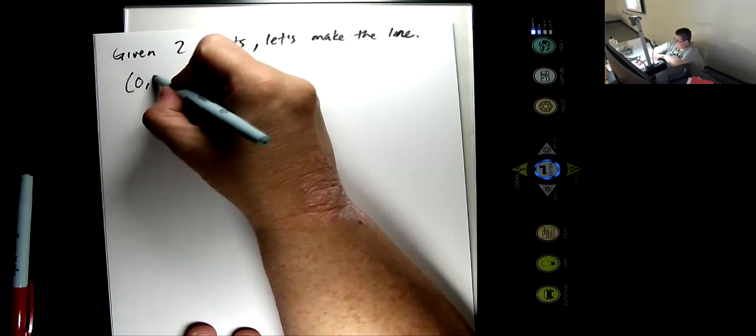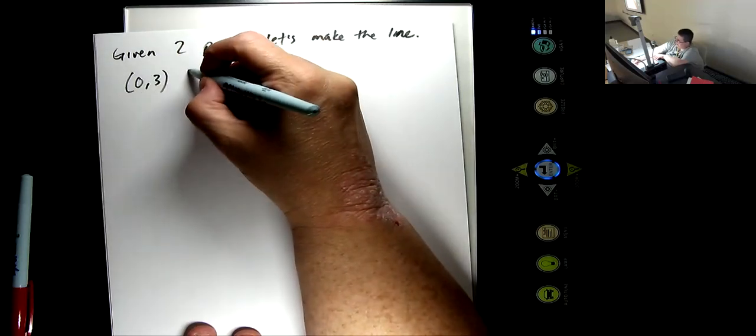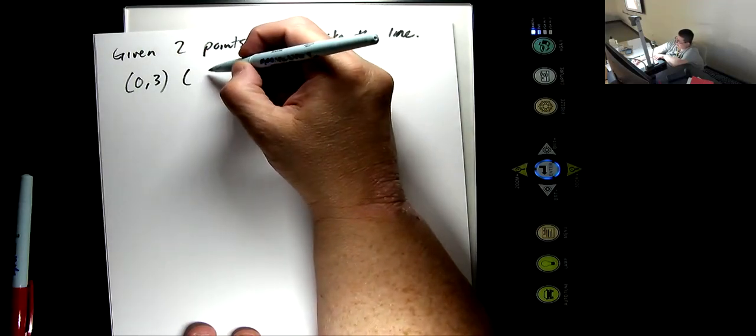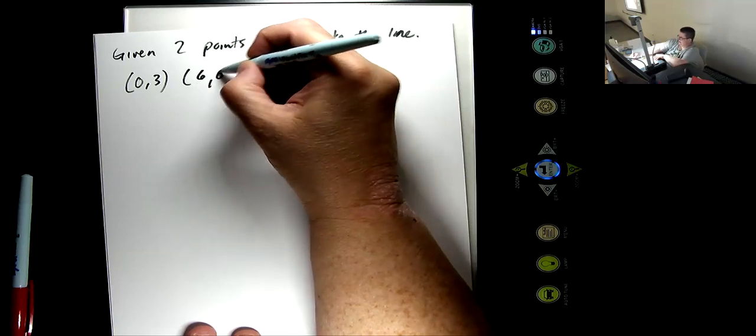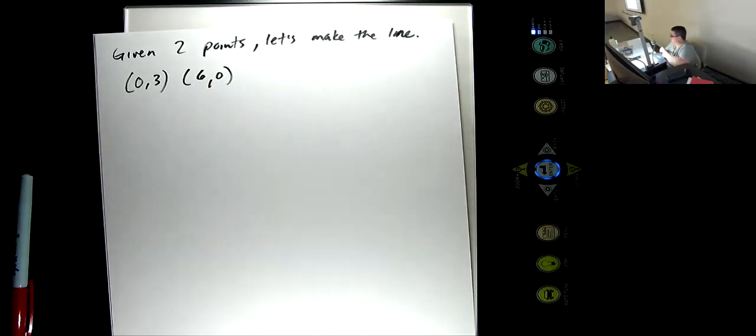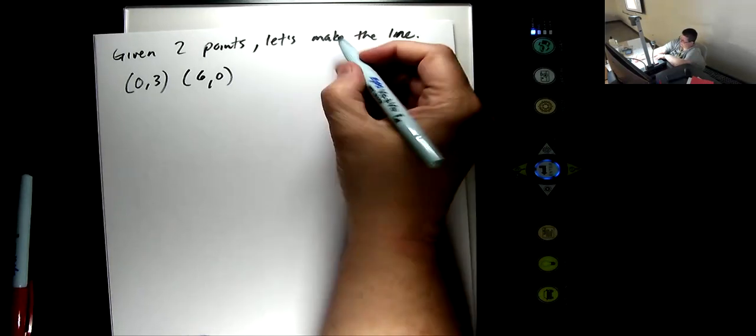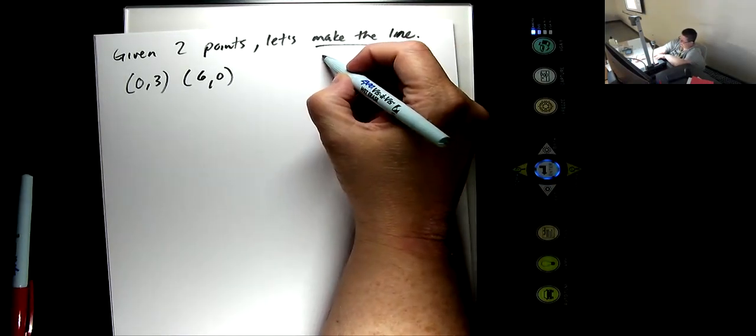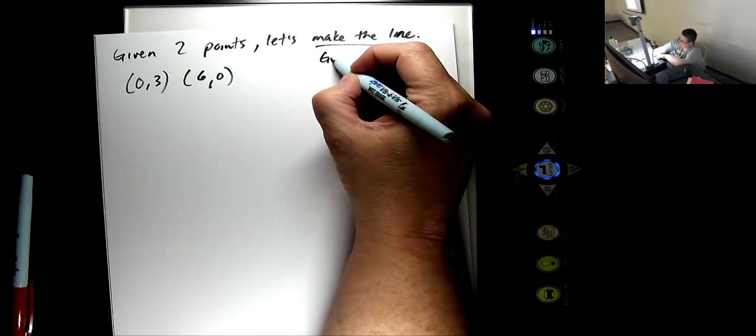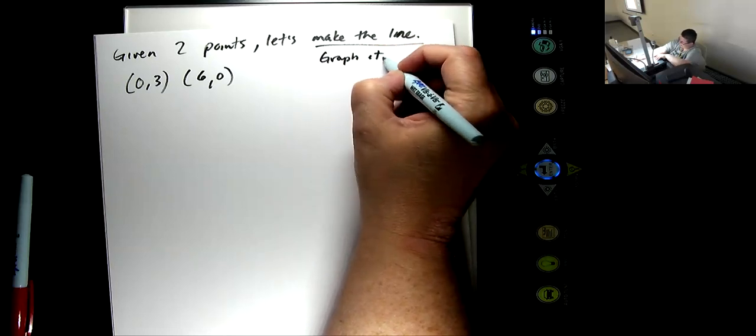I'm going to give you 0, 3, and I'm going to give you, oh, we did this one earlier, 6, 0. So when I mean make the line, I mean you can graph it if you want and write the equation.